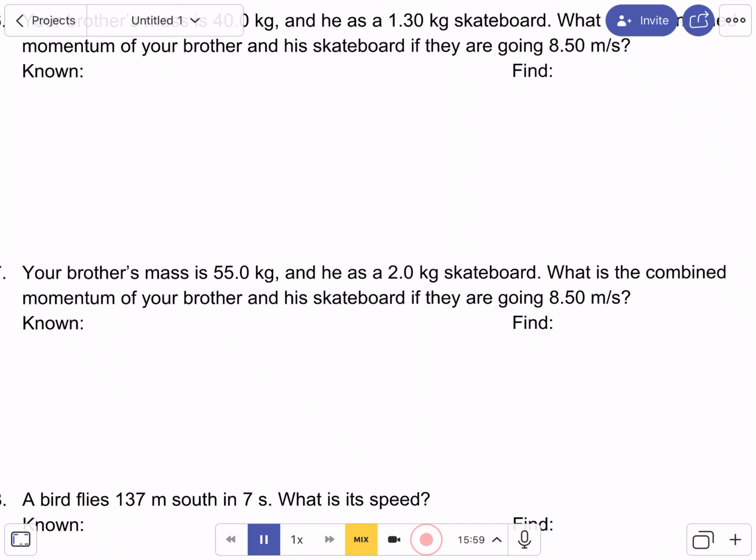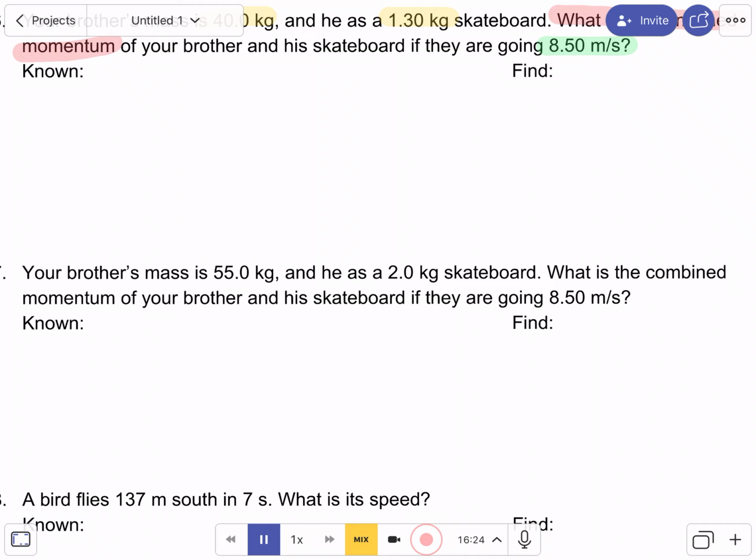So let's just go through how we can do these. So we have a 40 kilogram, a 1.3 kilogram. I'm going to highlight those the same color because it's the same unit. They are going 8.5 meters per second. And then the question is here, what is the combined momentum?